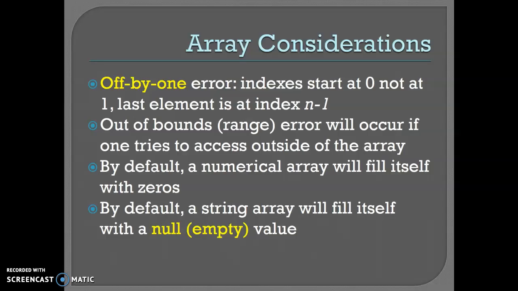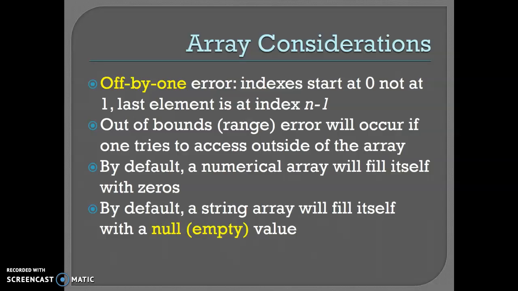By default, a numerical array will fill itself with zeros. So when it creates it, it will fill it with zeros. So if I tried to print it out without reading anything into it or assigning anything to it, it would print zeros for me. However, by default, a string array like name$ will fill itself with what we call a null value, an empty.